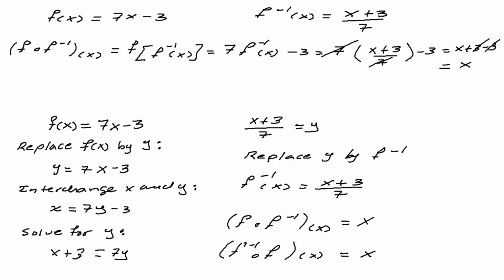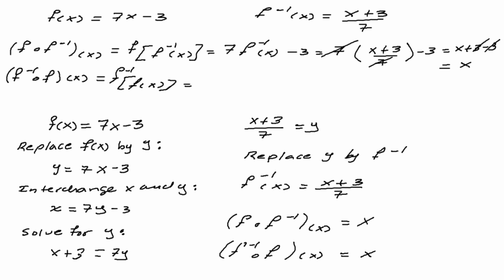Let's do the next composition now. We have the inverse function of f composed with f of x, which is the inverse function of f of x. So basically, we're plugging in now the function f of x into the inverse function of f.